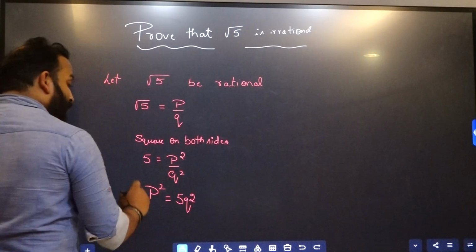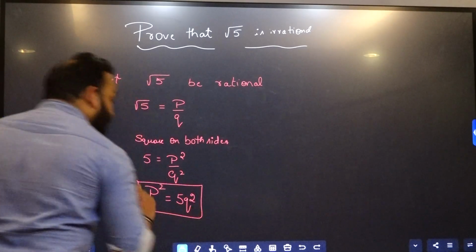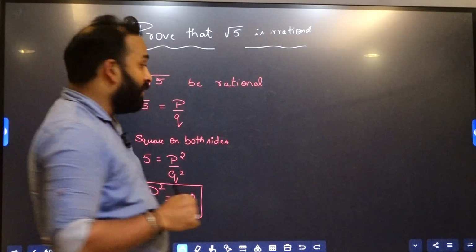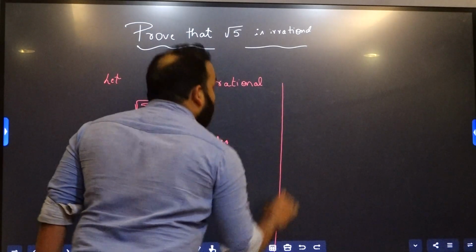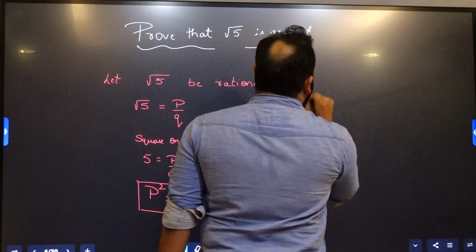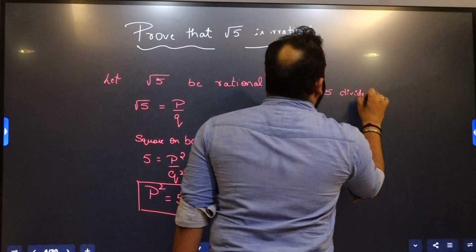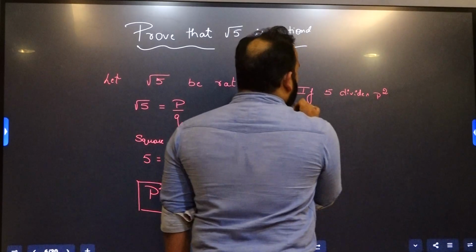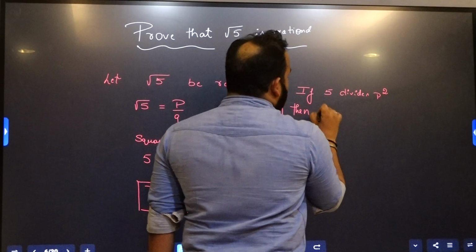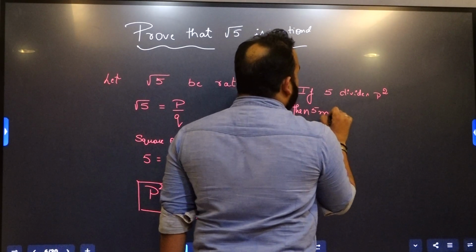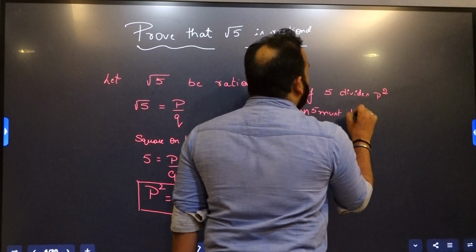And you know that, children, if 5 divides p square, then 5 must divide p.